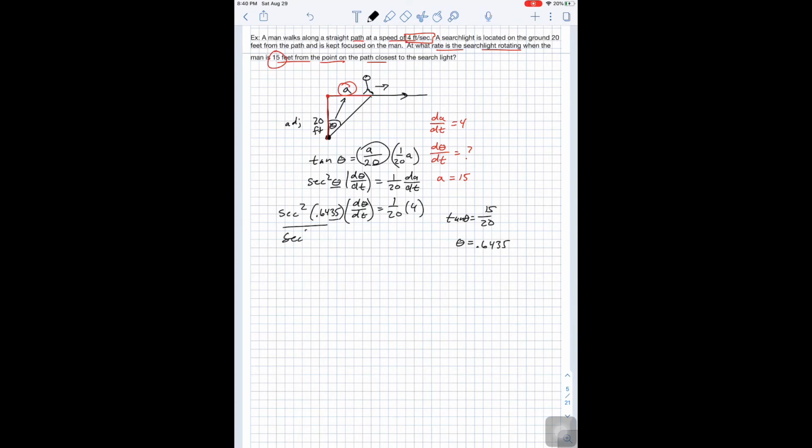I'm going to divide by secant squared 0.6435 on both sides. And when you calculate that number, I think you get 0.128 radians per second. I'm going radians because I'm in radians, and then it's a rate, so it's per second.